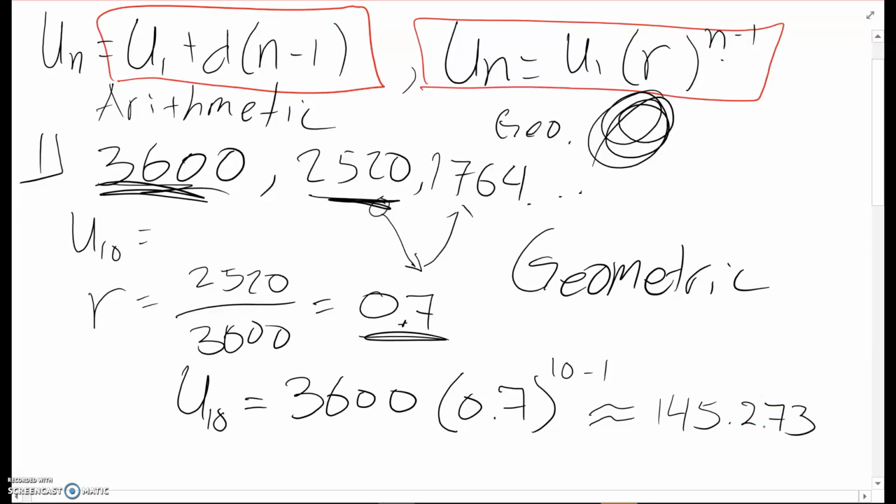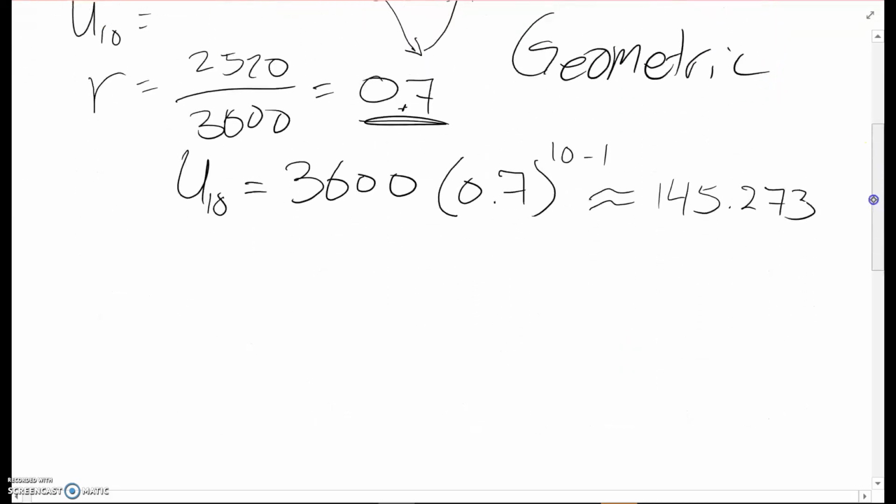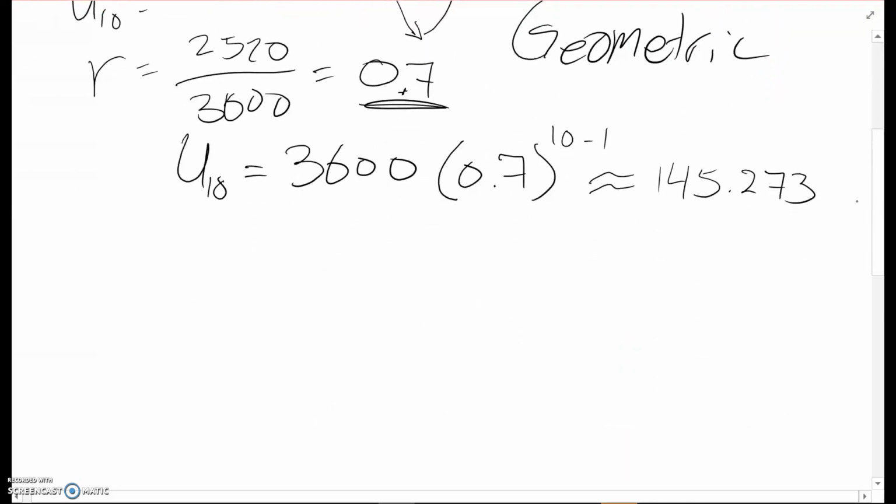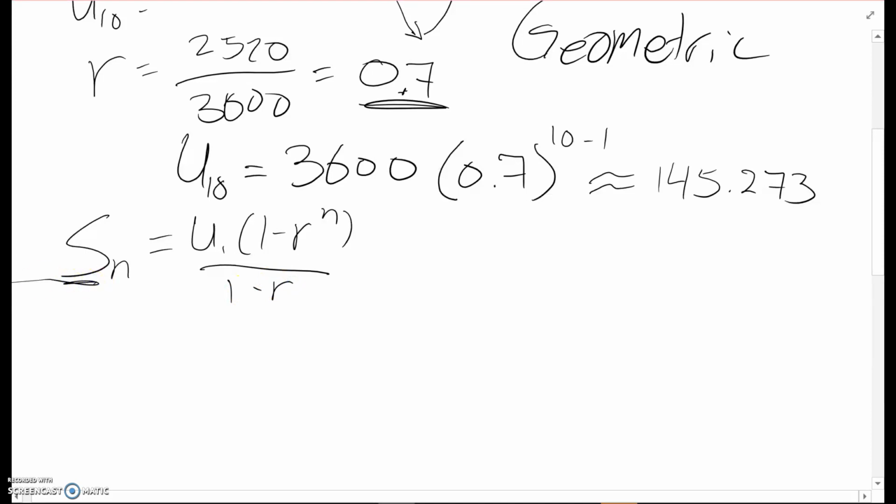Okay, then they want me to find the sum of the first 10 terms. So this is, again, geometric. This formula will be provided for you on the test, but you have to know how to use it. Right? That's my sum of the first 10 terms. Because I have an S there, it's got to be sum. So if I want to find S of 10, I already know u sub 1 is 3,600.